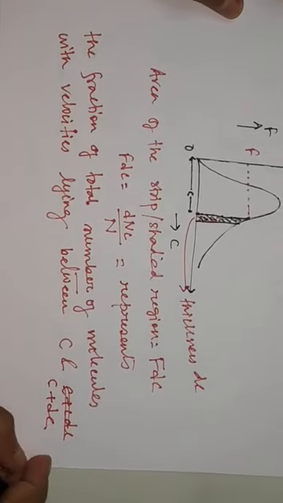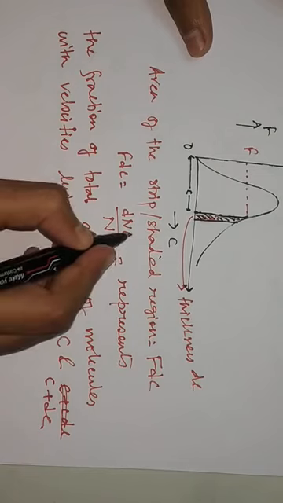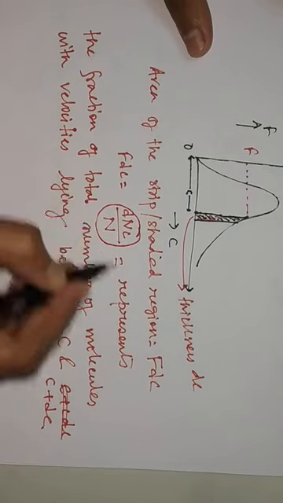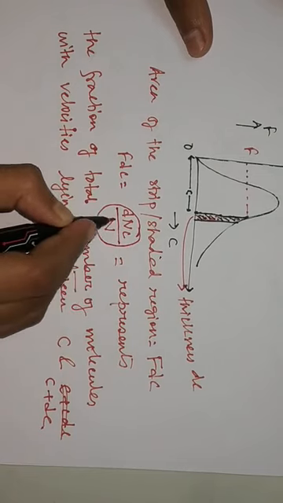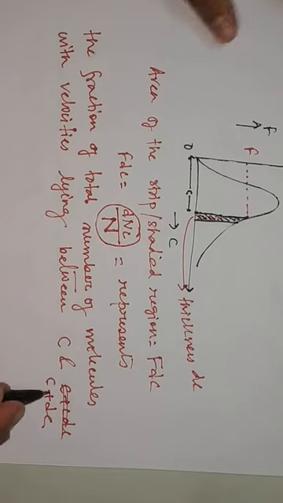Okay, so this f dc represents the fraction of the total number of molecules n with velocities lying between c and c plus dc.